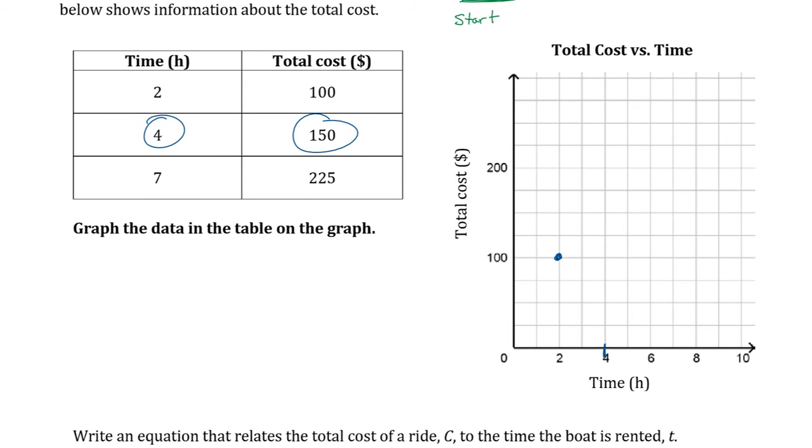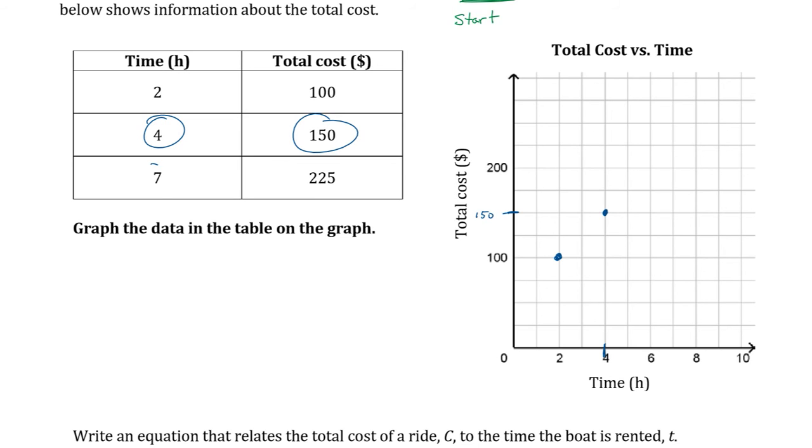Well, I have to figure out where that is. So this looks like it's counting by 25s. 25, 50, 75, 100, 125, 150, 175, 200. So there's 150. Don't have to write that in, I'm just doing that for our benefit. And then follow this over and follow this up, and they meet there.